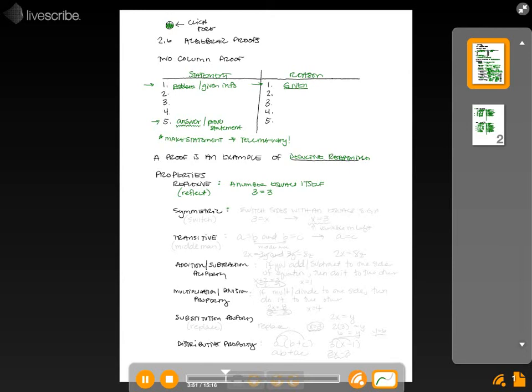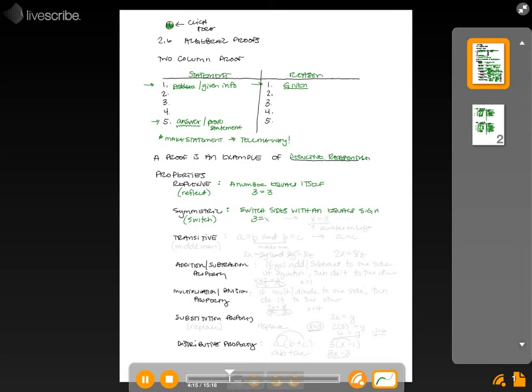Symmetric, this is an important one. It means that you can switch sides with an equal sign. And our key word here is going to be switch. Alright, here's an example.